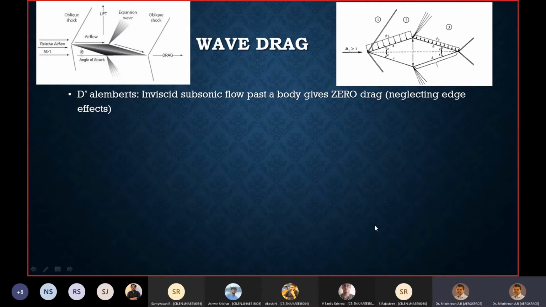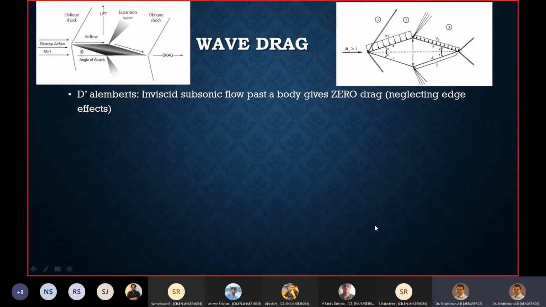I will reword the statement. If you have inviscid flow at subsonic Mach numbers around a body without flow separation, the body is not going to have any drag. Why is it so?